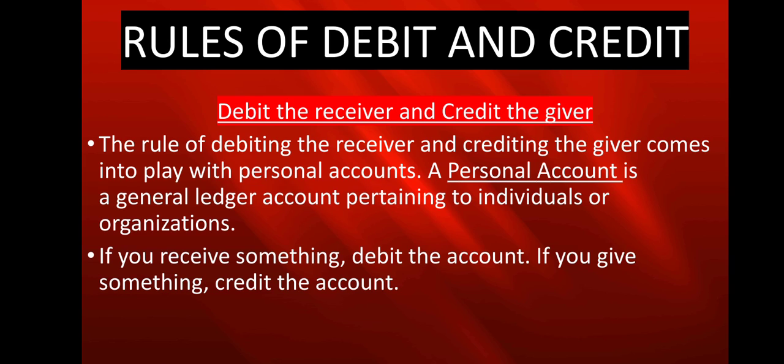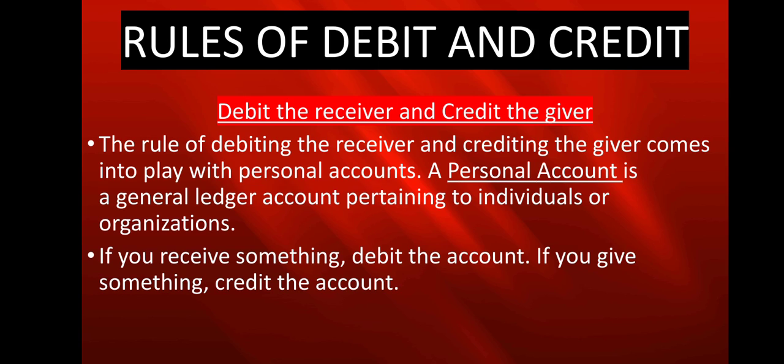If the business is giving something, credit the account. So wherever there is you, your account, all these symbolize business. So if you receive something, it has to be debited. If you give something, it has to be credited.